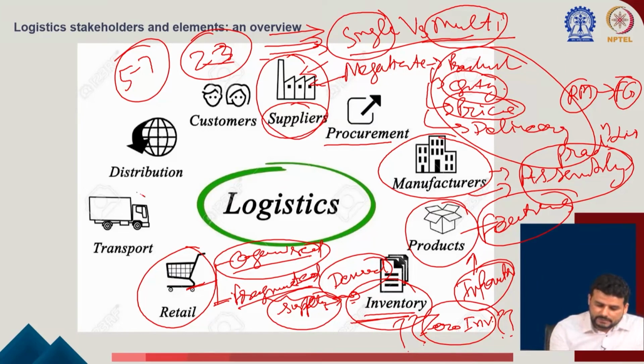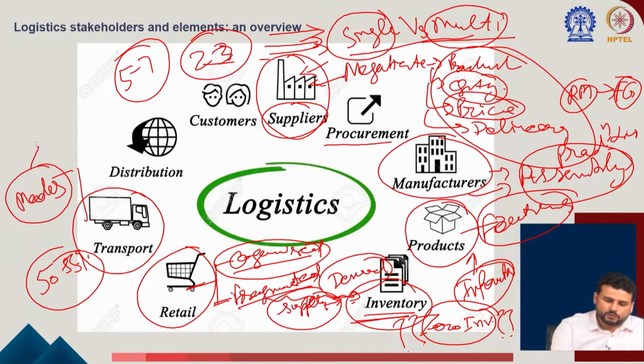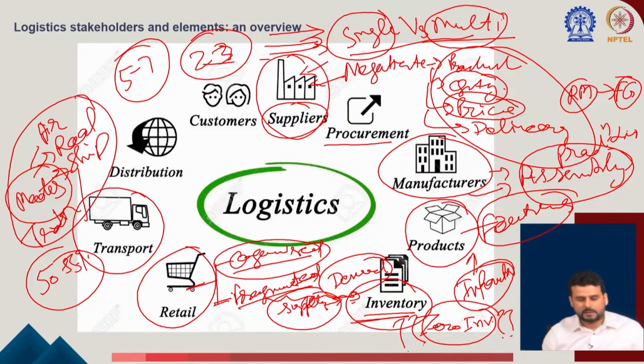So the next important thing, which contributes around 50 to 55% of your cost, is transportation. When we talk about transportation in detail, we will talk about different modes of transportation, whether you are going by air, by road, by ship, or by train, right. All these modes you will pick depending, first, on availability of infrastructure.